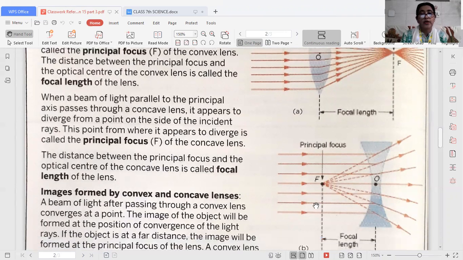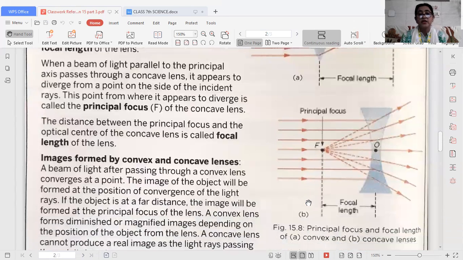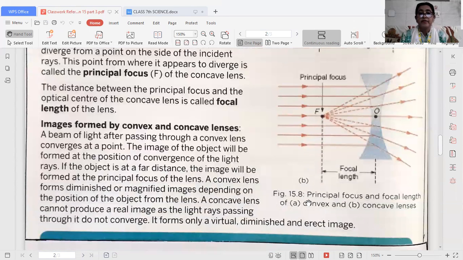The distance between the principal focus and the optical center is known as the focal length.